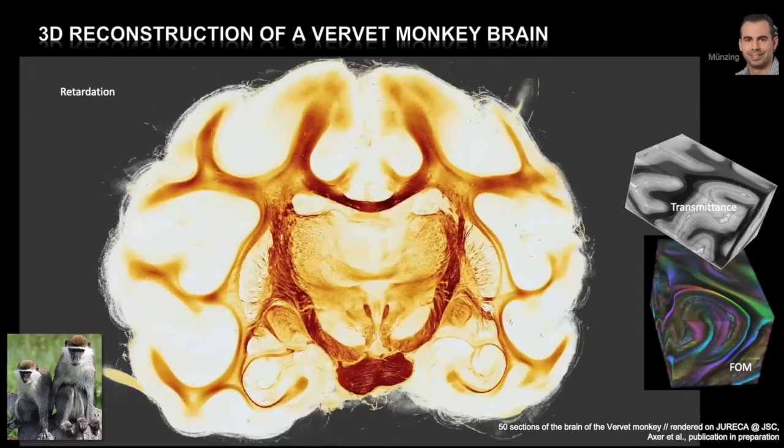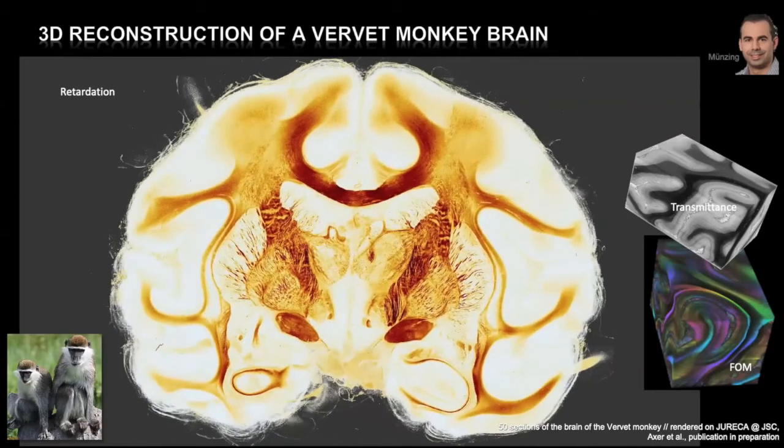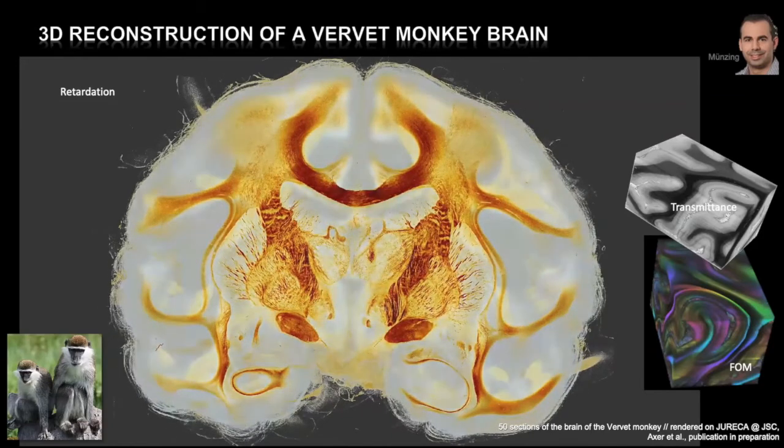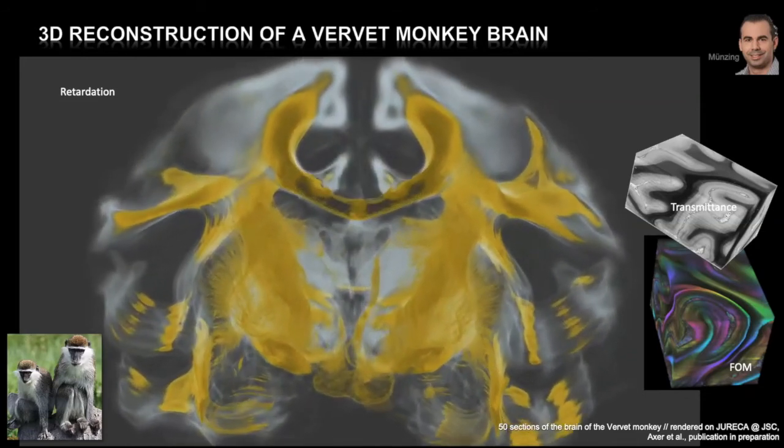And here you can see a movie of 50 consecutive sections, non-linearly aligned, and you only see the amplitude of our birefringent signal.